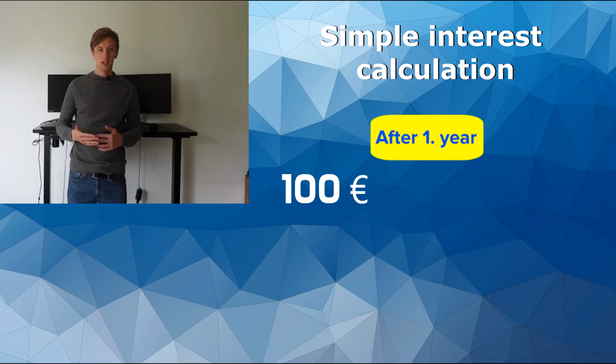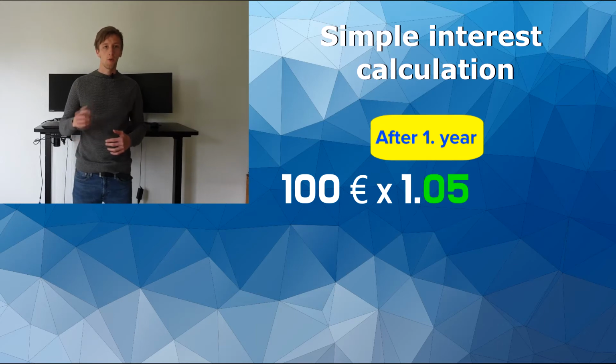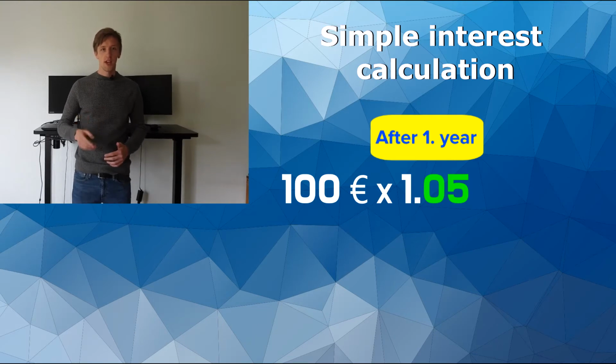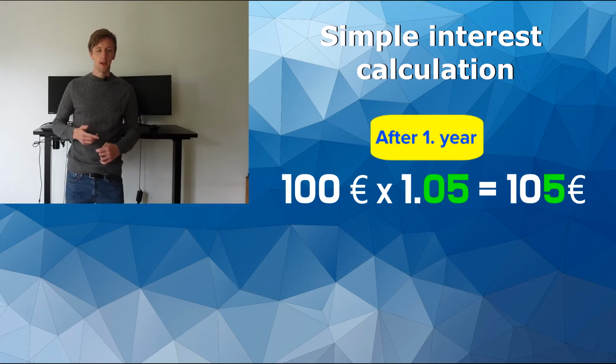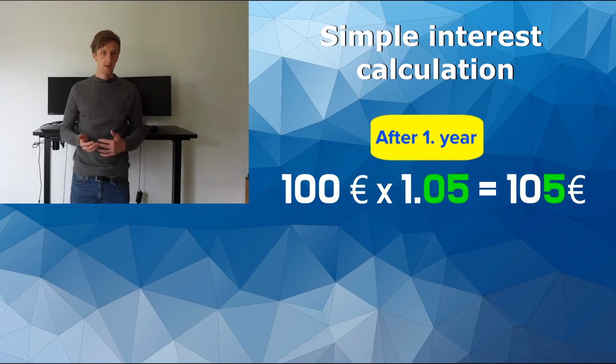If you want to calculate the interest you receive at the end of the year, multiply your 100 euros by 1.05, where 1 is your 100 euros and 0.05 is your 5% interest rate. You'll receive an interest credit of 5 euros at the end of the year in this example, and so far earning 5 euros in a year is nothing really impressive.